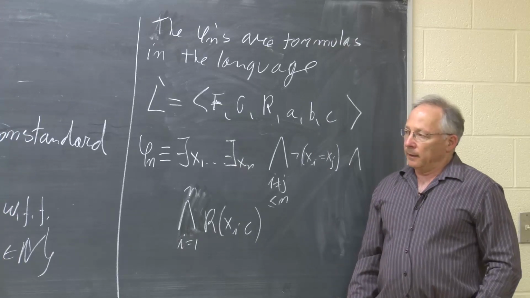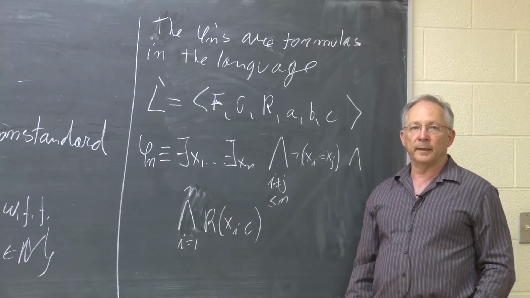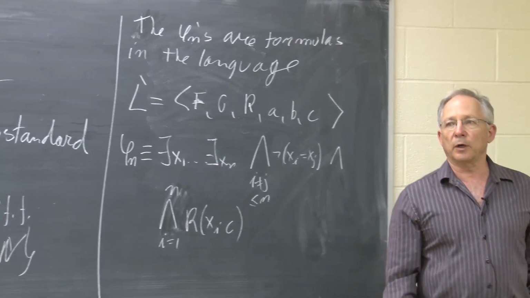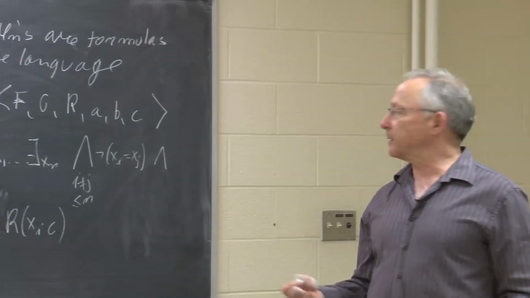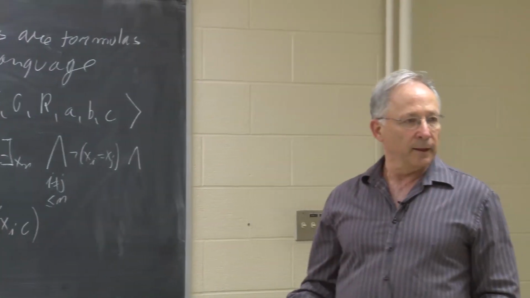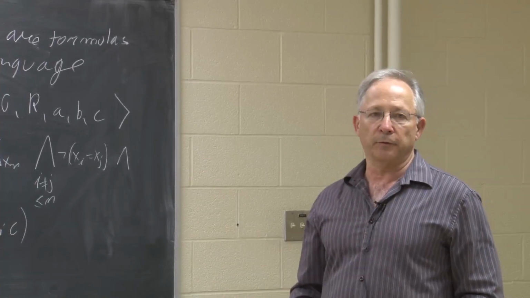Now, there are two things we want to show about this new sigma. First of all, we want to show that if sigma is satisfiable, if there is a structure that satisfies sigma, then this structure is inevitably a non-standard model of arithmetic.